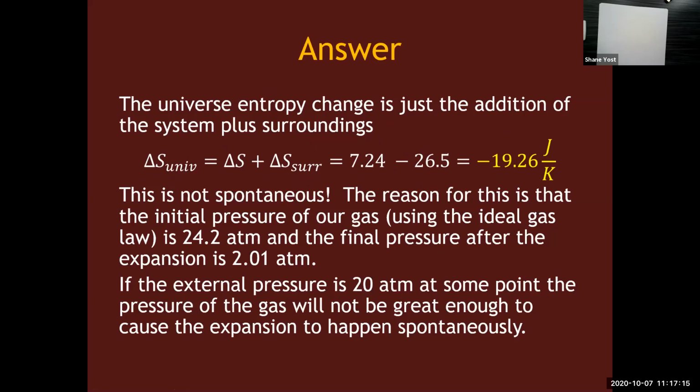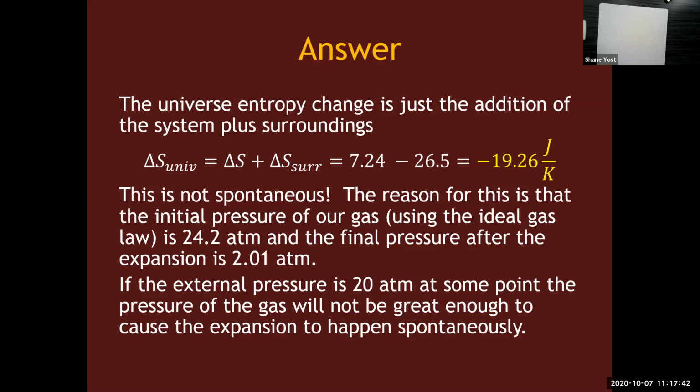It's going to reach a point where the internal pressure reaches 20 atmospheres and stop expanding because it's not going to have the force to expand past that. And so if I want this full expansion, I have to do outside interventions to my system. I've got to pull on that piston or something like that, in order to get it to expand to that final volume.